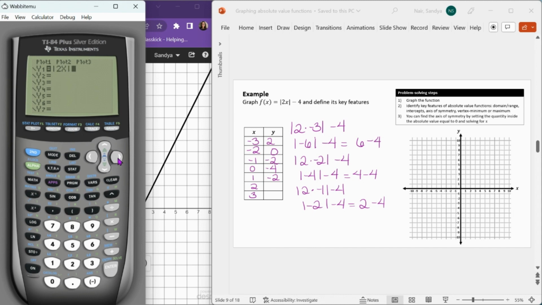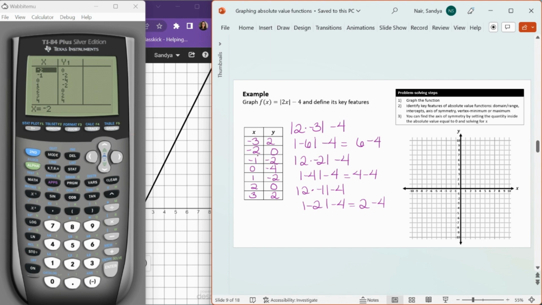And then remember, go out of the absolute value and then do -4. And then if you click second table, you have your table of values, right? So let's find where we were at. So we were here. And so we have, let's see, 2, we have 0. And then at 3, we have 2. Okay, so you can get the table of values any way that you want. You can find them by hand, you can use Desmos, or you can use your graphing calculator.